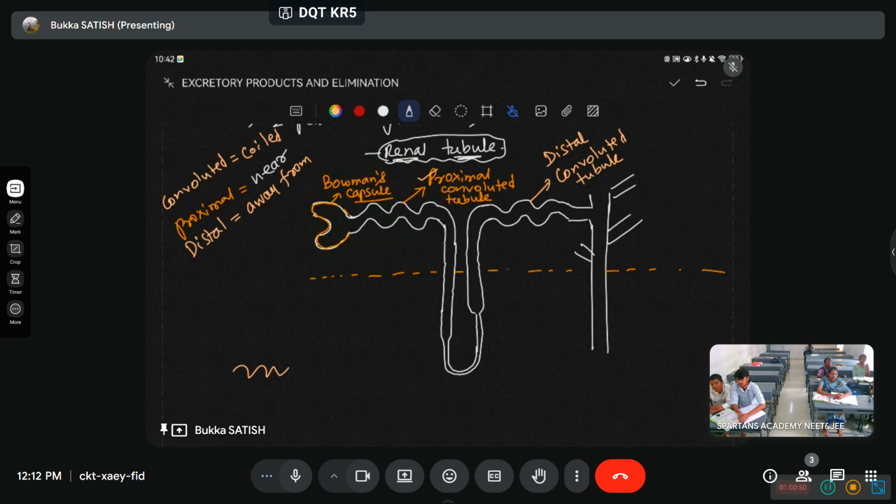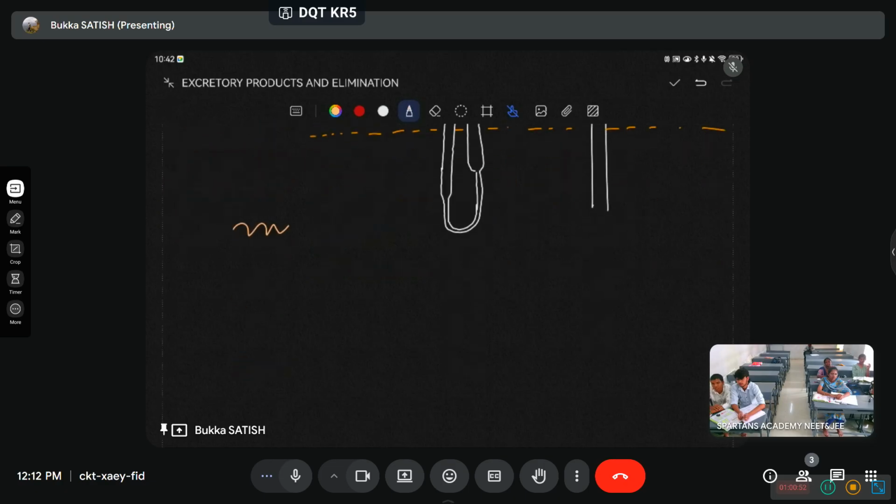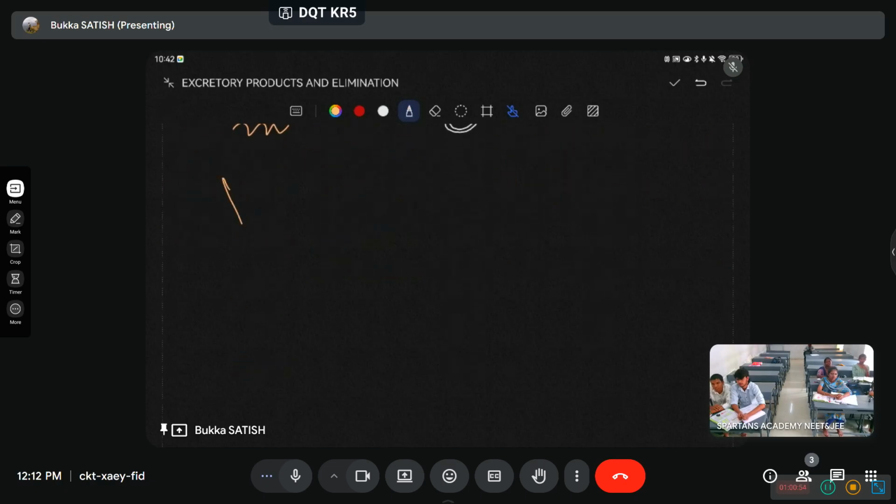Even in our hand, do you know these terms? Which part is called what in our hand? Which one is the proximal part, which one is the distal part? The one which is attached to the body is what we call the proximal end of our hand. This is the proximal end of your hand.